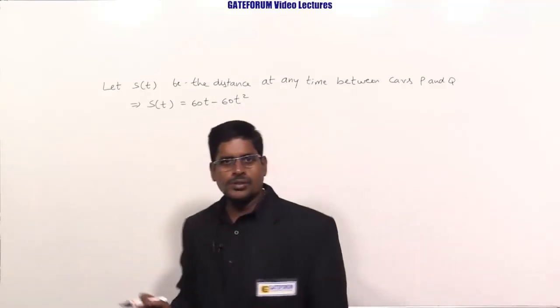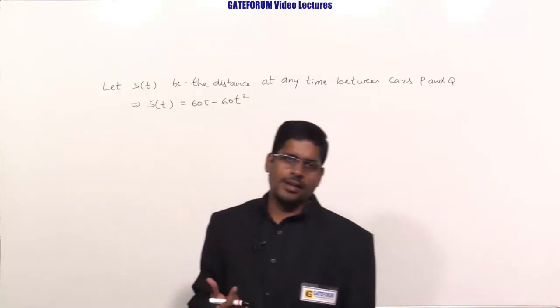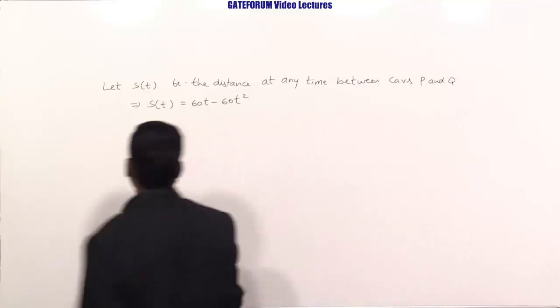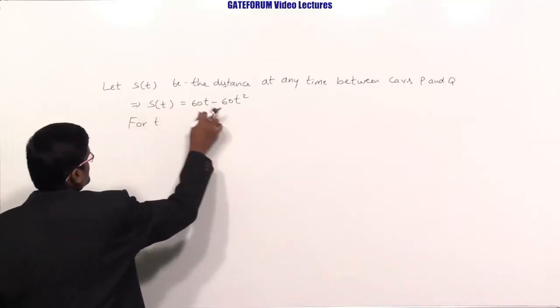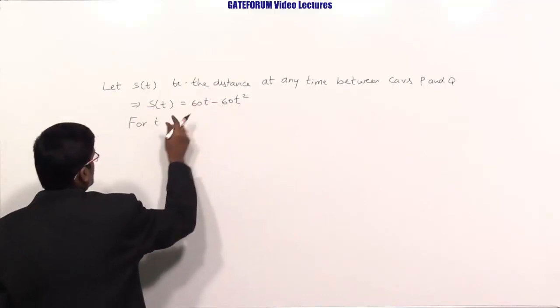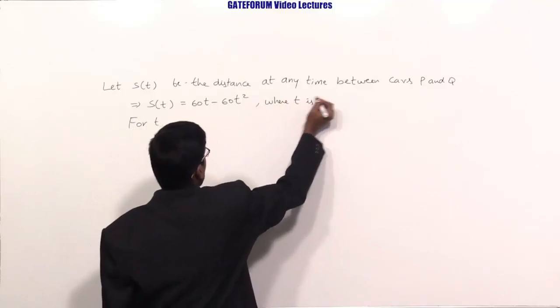Okay, so for the space headway to be maximum, here the distance is a function of a single variable t, where t is time.